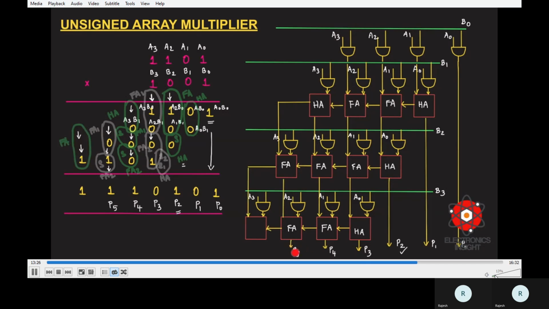So this P5 in the design is nothing but a full adder representation. Here two bits are added, A3, B3, along with the carry from the previous stage. This carry from the previous stage will generate P6. So that's why you require a full adder.